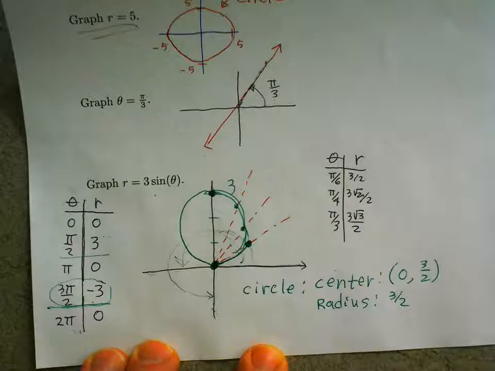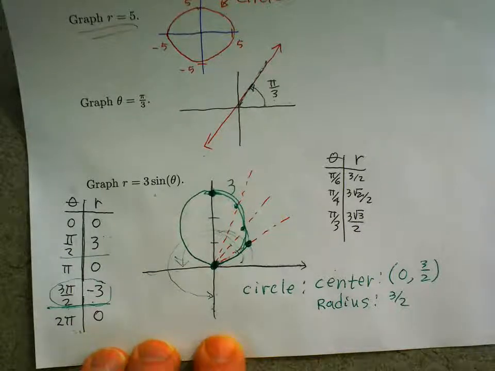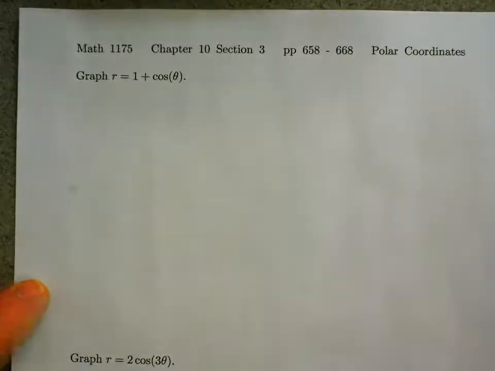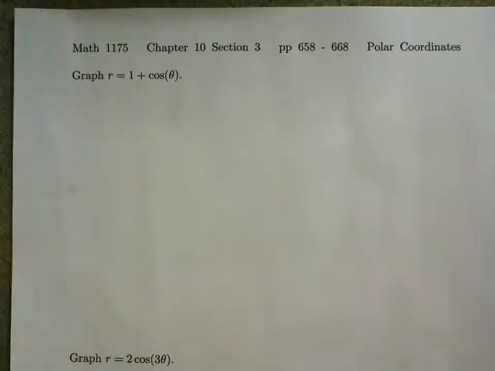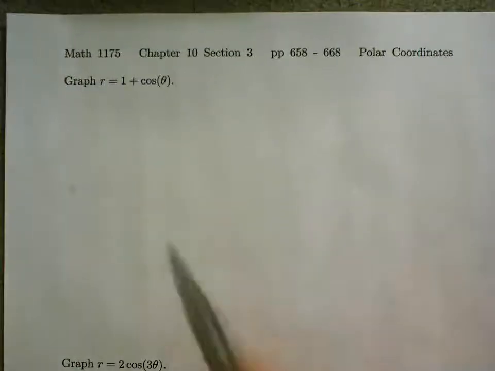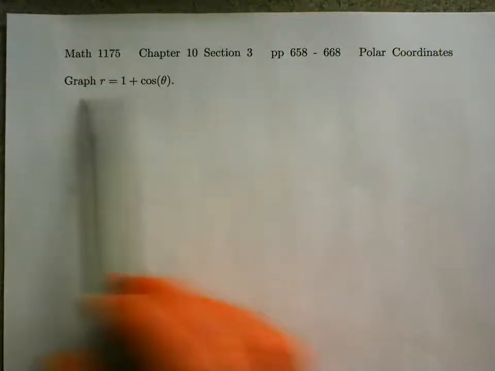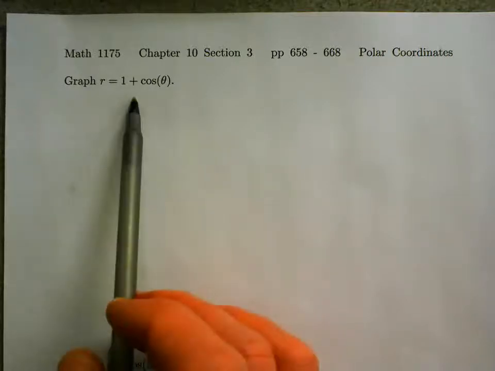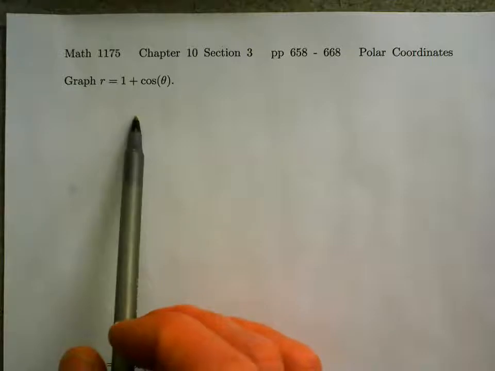Okay, let's look at the next example. Graph r equals 1 plus cosine of theta. One technique for graphing polar curves is to first graph a Cartesian curve.